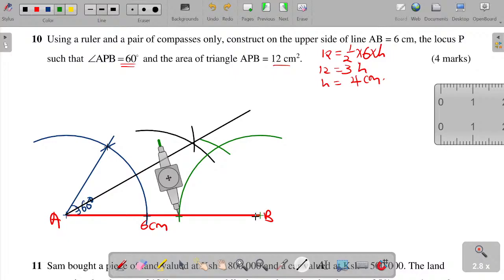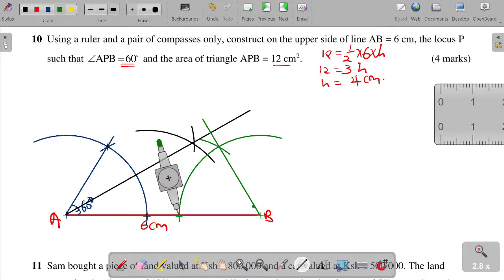We will not have an escape route rather than doing the equation. That is 60 degrees. So you can see what I've constructed here is 60 degrees.